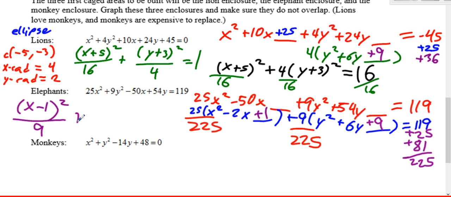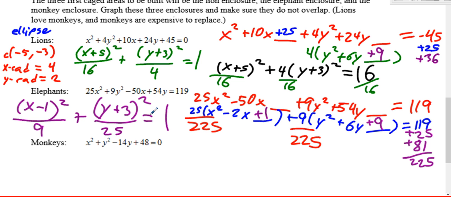And 9 over 225 would reduce to 1 over 25. And then our y squared plus 6y plus 9 is really (y plus 3) squared. And all of that equals 1.